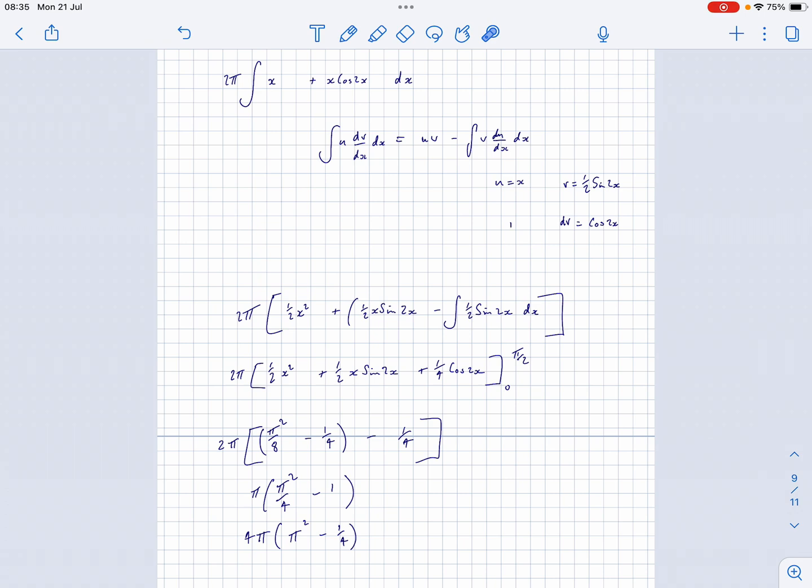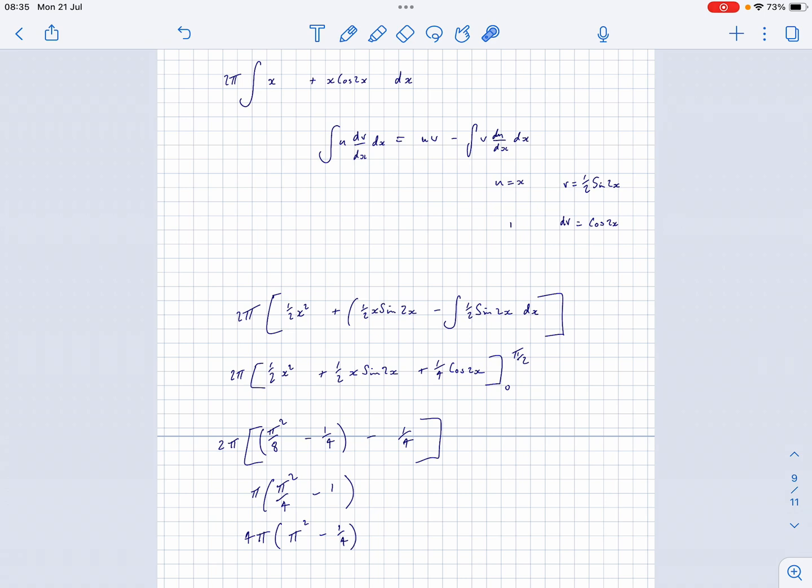Now, in this part of the formula, I've got my v, and that's come from me integrating the cosine 2x. But because the x has become a constant when I differentiate it, I don't have a product to integrate when I do this second bit of the formula. So that's why it's useful: if you've got x at the front, you can choose that as your u, and then it becomes a constant, and we get this removal of a product in the integration.